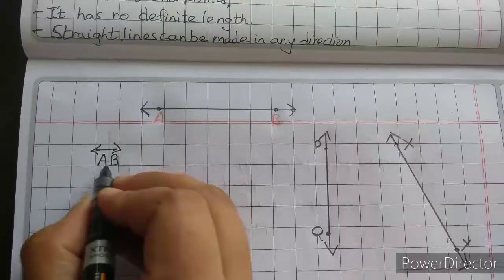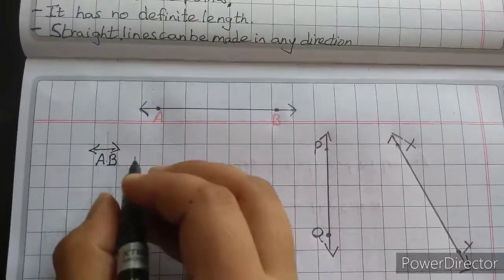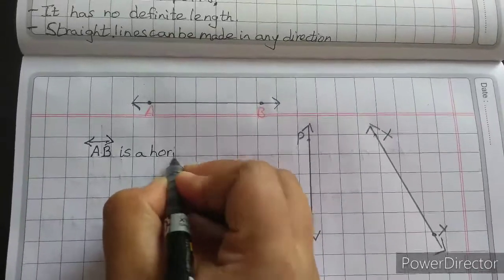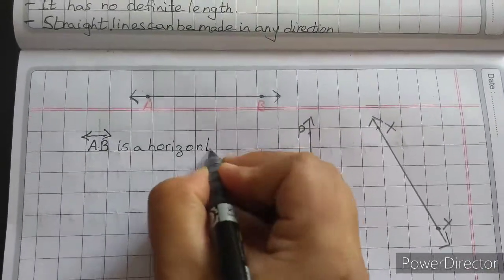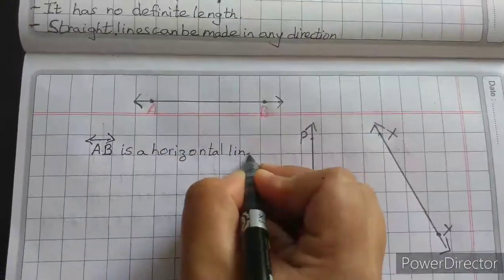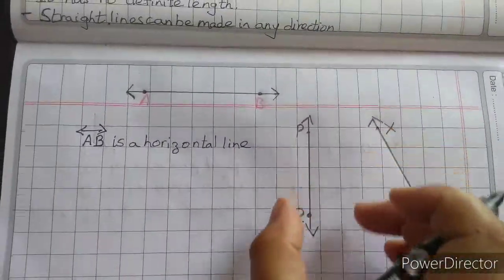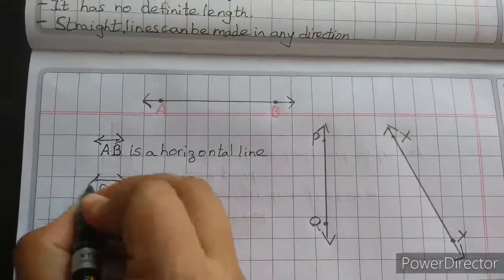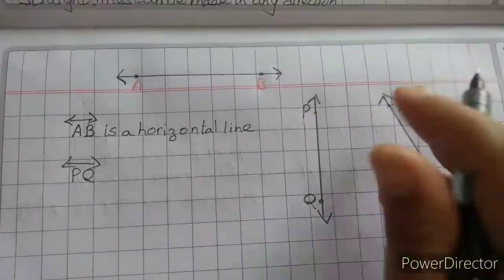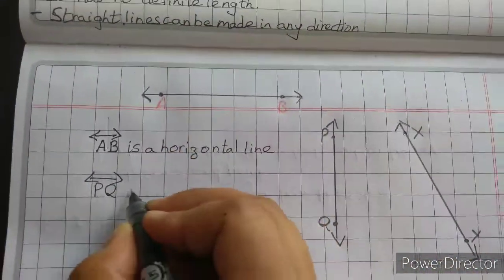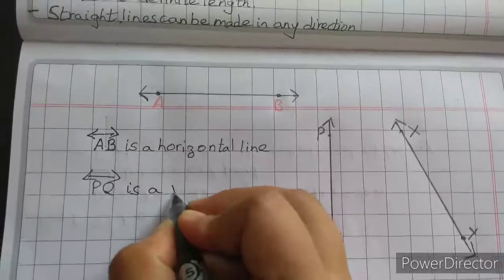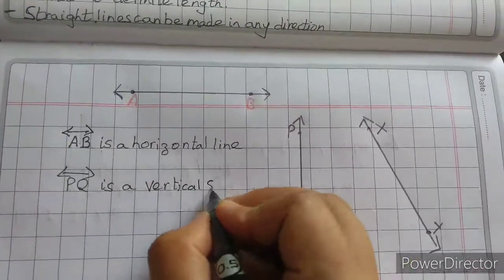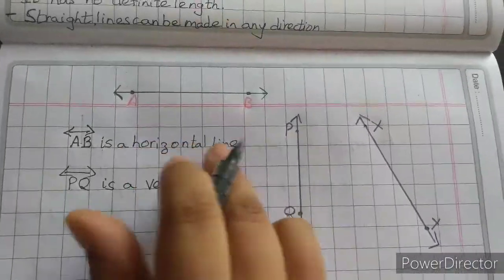Straight line AB, AB के ऊपर छोटी सी लाइन बना के. AB straight line is a horizontal line. Now PQ is a vertical straight line.